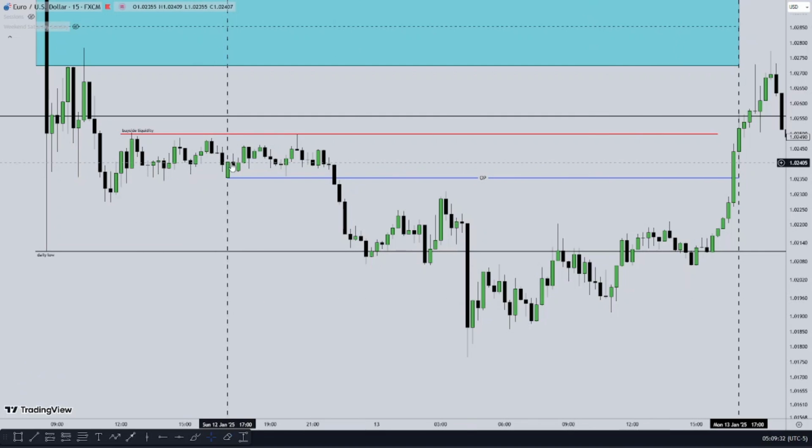Now first, price did an accumulation, manipulation, took out the daily low. After the run on the daily low, price did a shift in market structure. Price did a retracement, looking like it's going to respect the order block. It failed. Price traded through the order block, did another trade higher, but this is not a reference point because there's no fair value gap when price was trading higher.